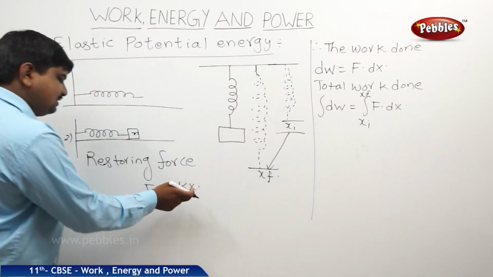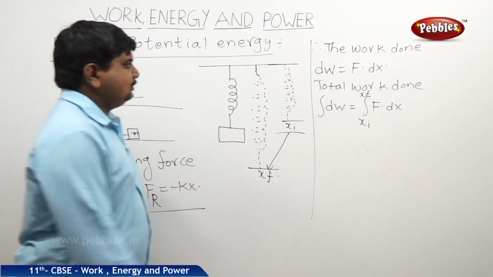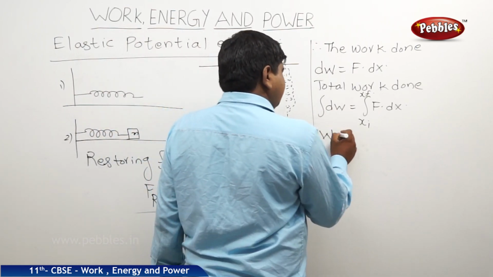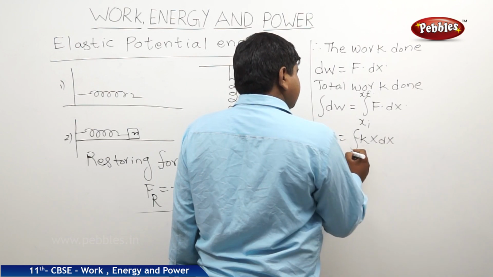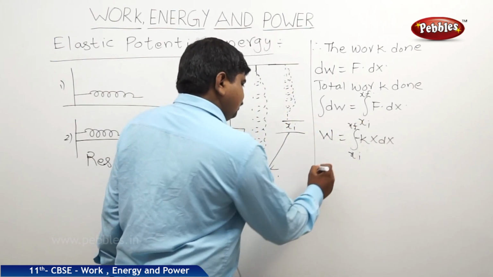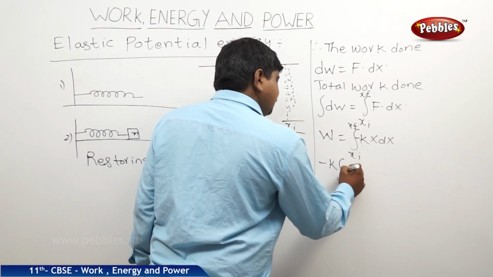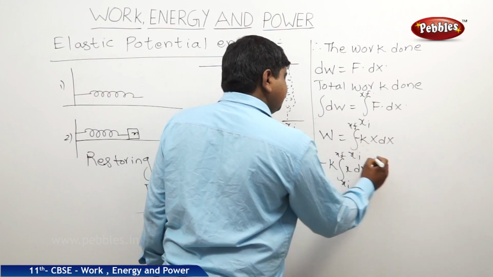We know that F is equal to minus kx. If it is restoring force, we can write it Fr. So therefore, W is equal to integral minus kx dx, xi to xf. If we write minus k outside, it is integral x dx, xi to xf.